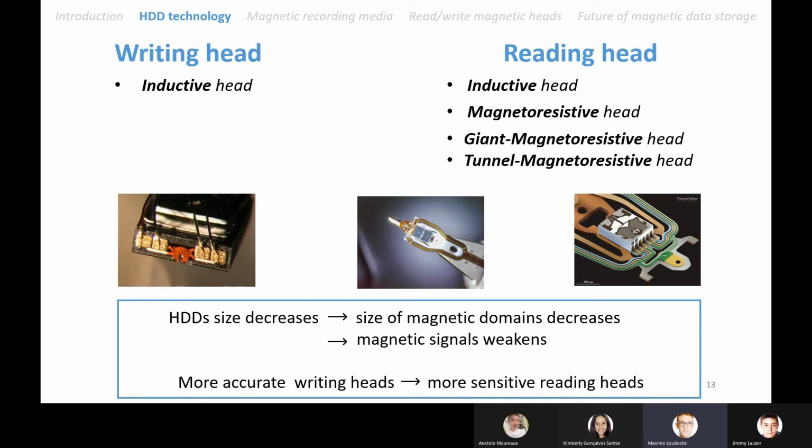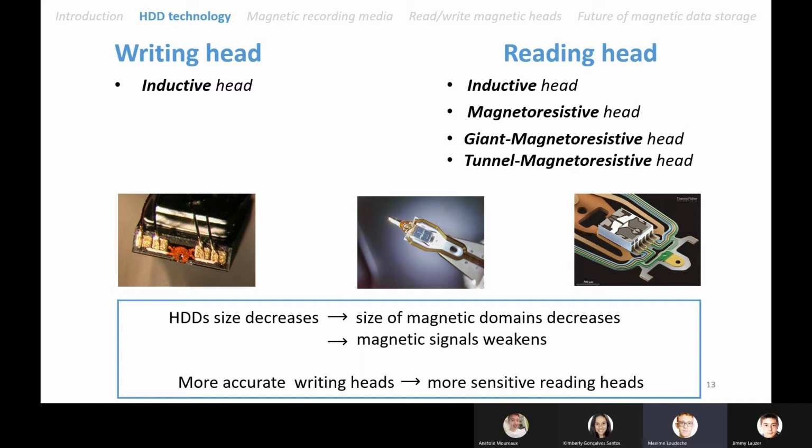But this reduction directly induces a weakening of the magnetic signals that are emitted by the medium. As the signal weakens, it becomes harder and harder for the reading head to detect it. And if the bit size is reduced, we then also need to increase the precision of the reading head.